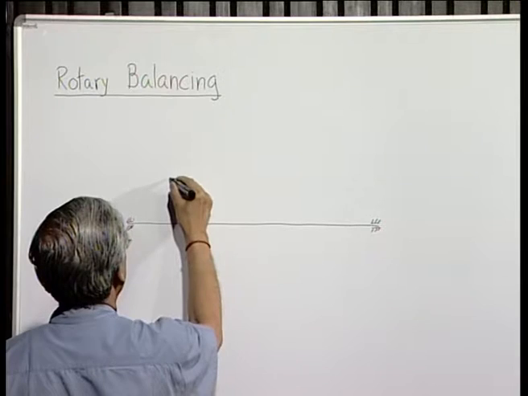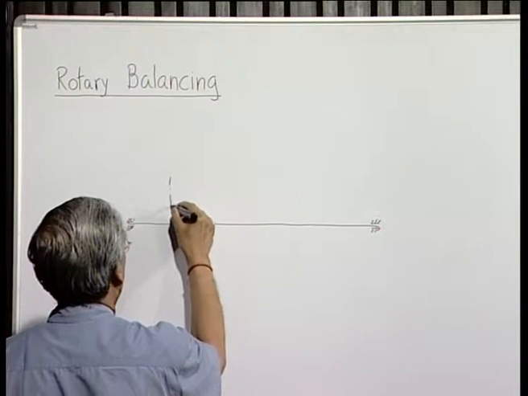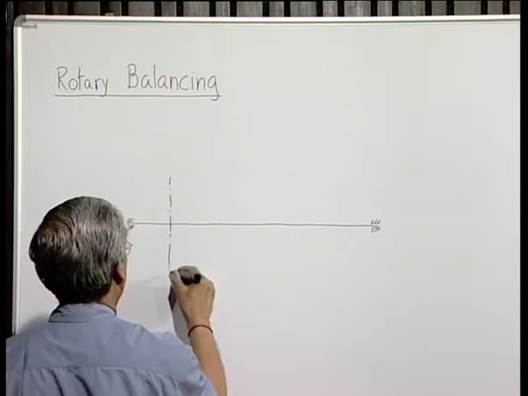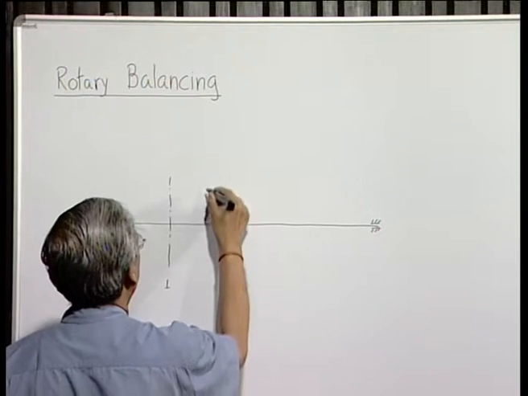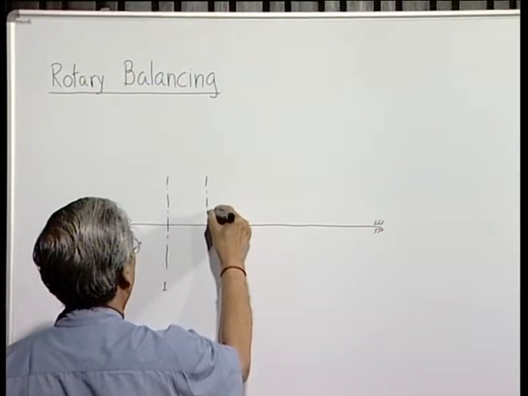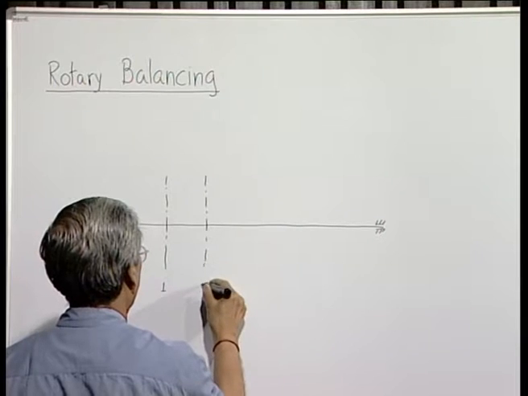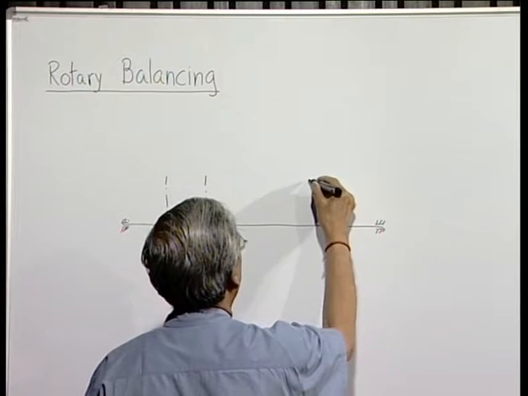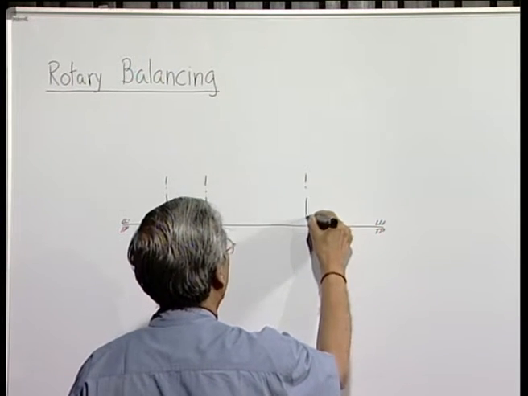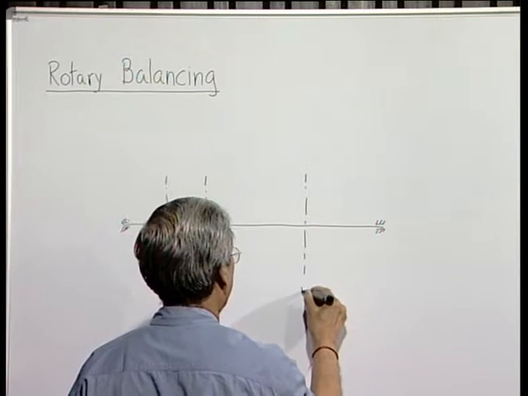Let the planes of these unbalances be 1, 2 and so on up to n.